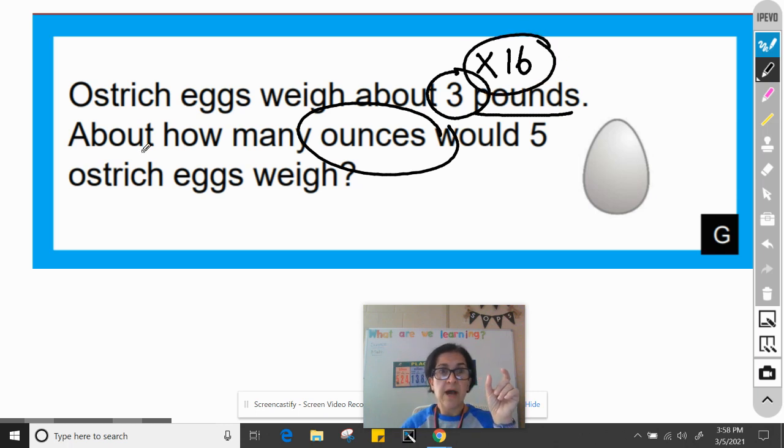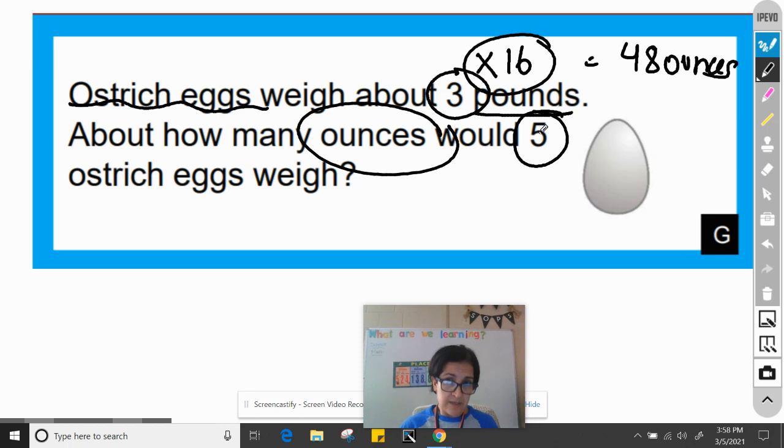Okay, so how many ounces would 5 eggs? So here, this is for one egg. One egg would be 3 times 16 is 48 ounces. So when you figure this out, you figure out one egg. They want to know 5 eggs. So then you do 5 times 48 and you would get it. Or 48 added 5 times.